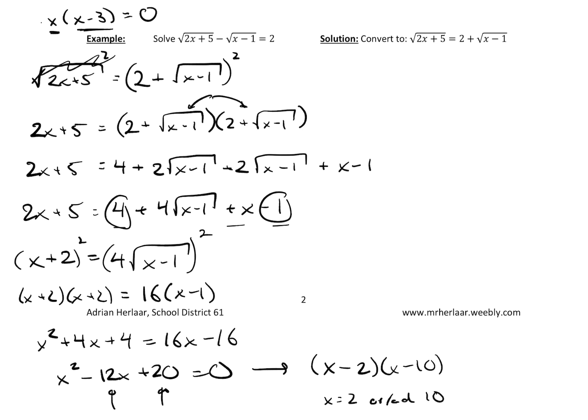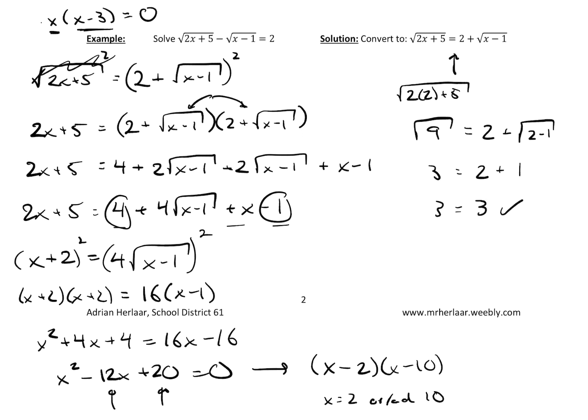We've got to check. So come back here. First throw a 2 in. 2 times 2 plus 5. So the root of that, well, that's root 9, equals 2 plus root 2 minus 1. So that's 3 equals 2 plus, well, 2 minus 1 is 1, root is 1, 3 equals 3. Good. So that means this is a solution.